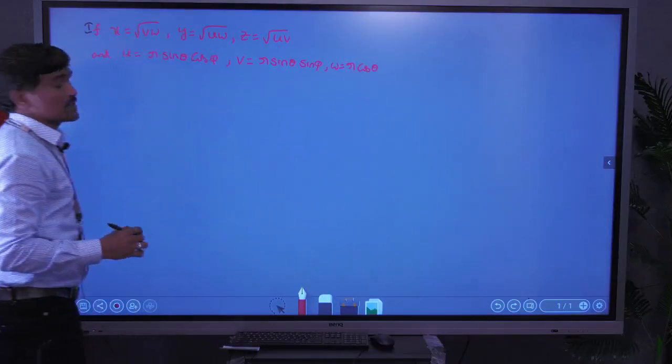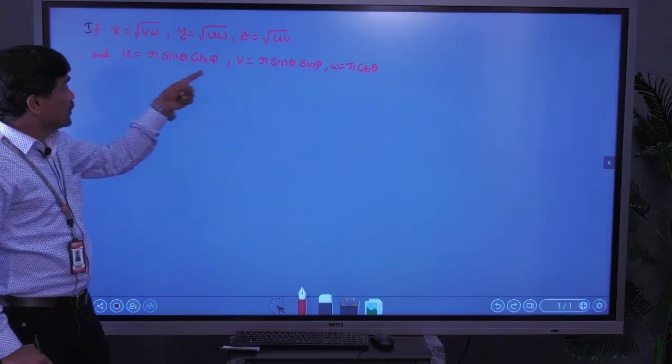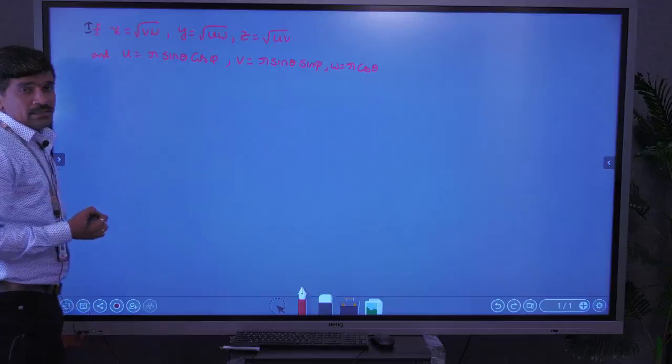So these are the functions. x, y, z are functions of u, v, w, and u, v, w are functions of r, theta, phi.